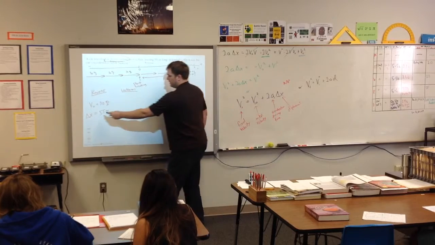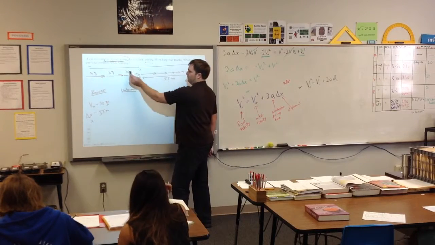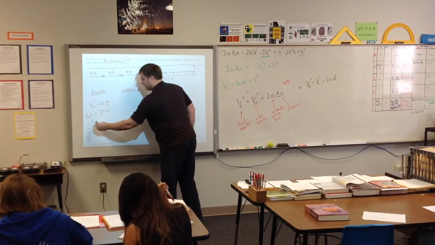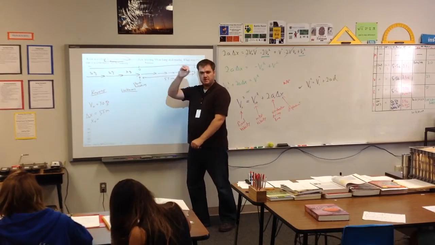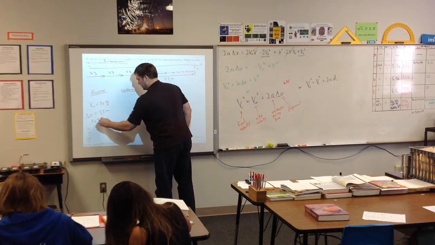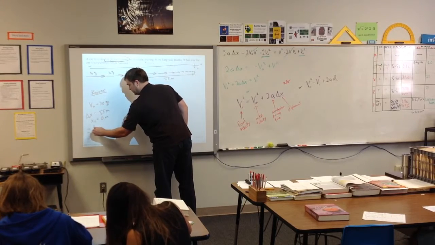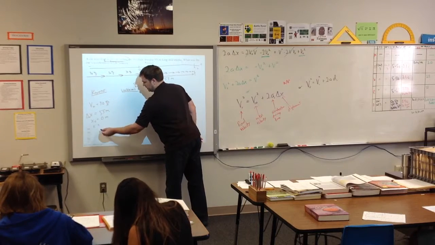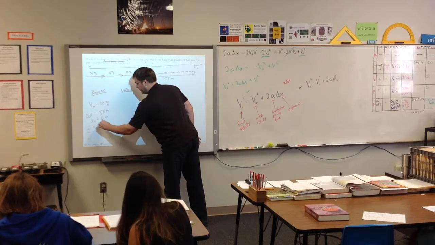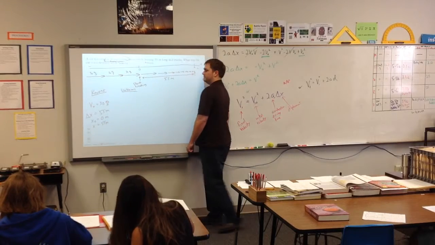With our labeling, we have said that x naught, its starting position, is at 0 meters, and its final position, x, is obviously 55 meters.